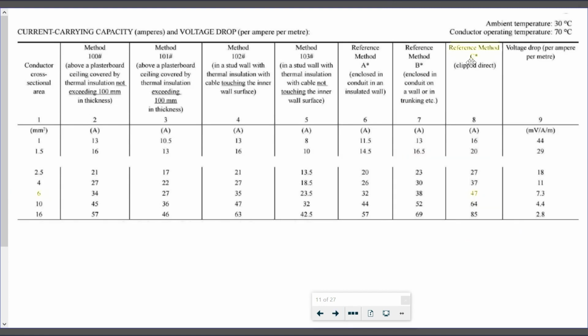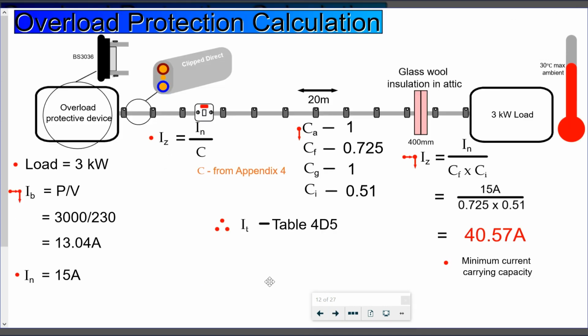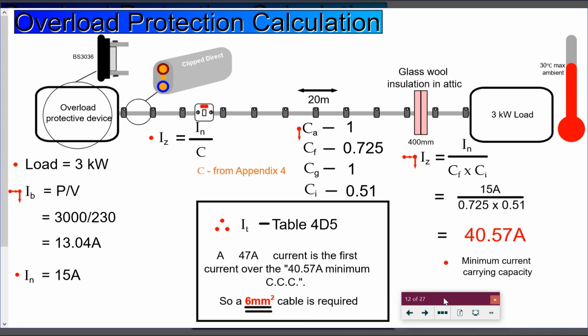Our reference method, as you can see there, is reference method C for the cables clipped direct. And as we run down that column 8, you'll see there the first current value that we have more than that 40.57 is 47 amperes. And if you plot that across, you'll see there that the minimum cable size, because of our installation method, is a 6 millimeter squared conductor. Okay, so a 6 millimeter squared conductor is required.